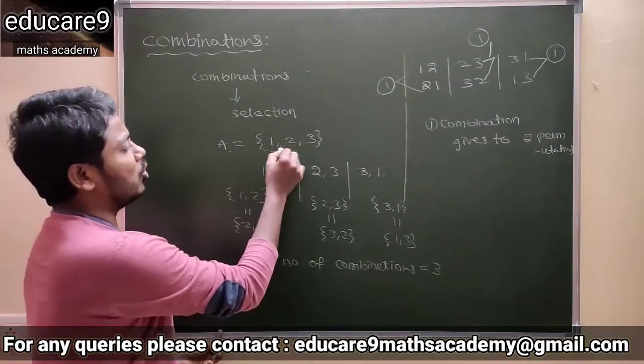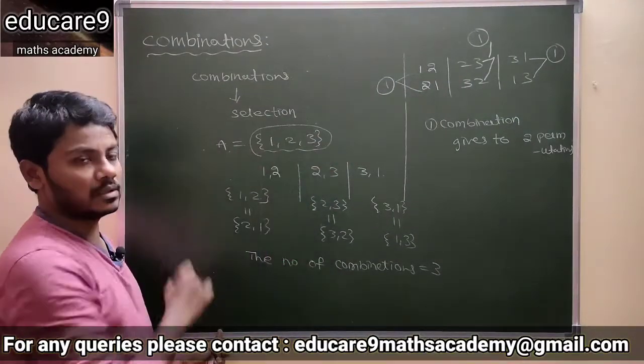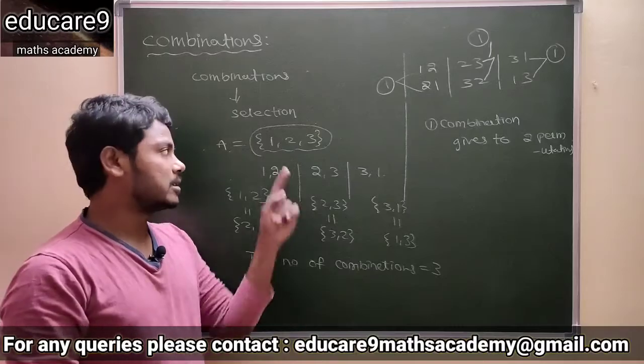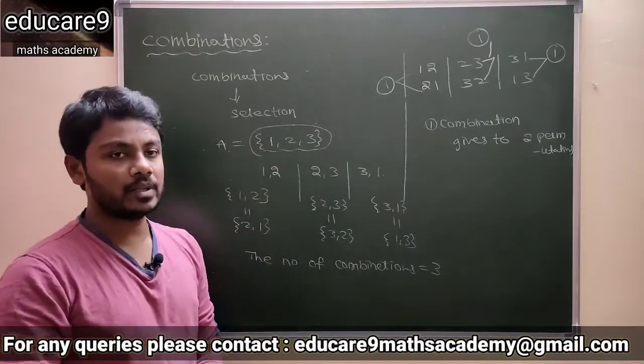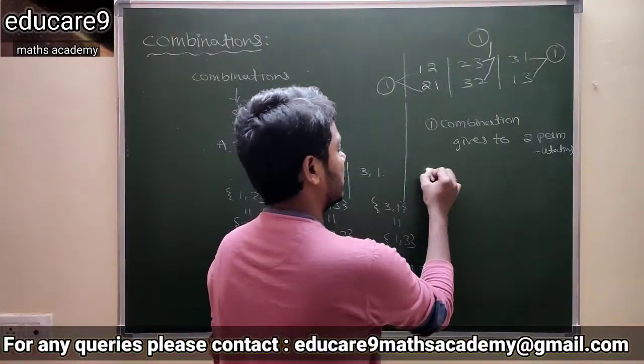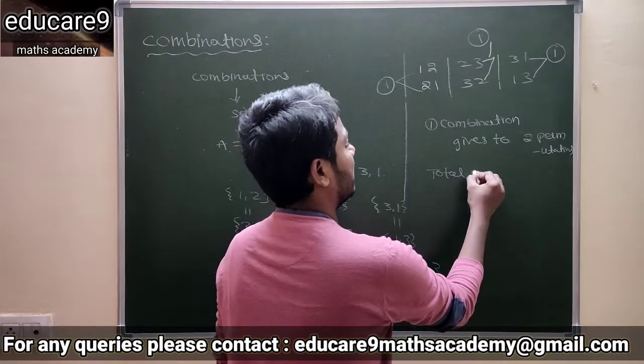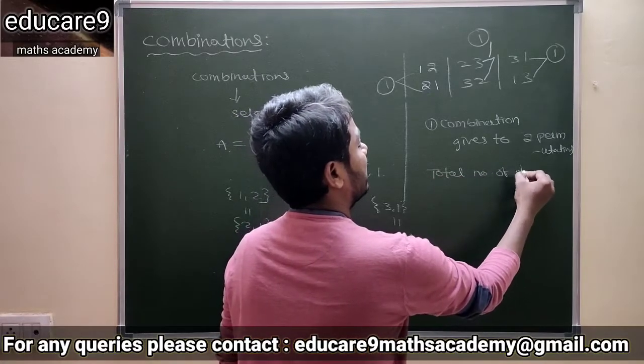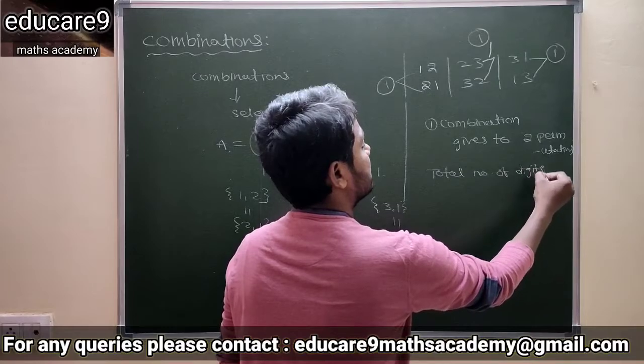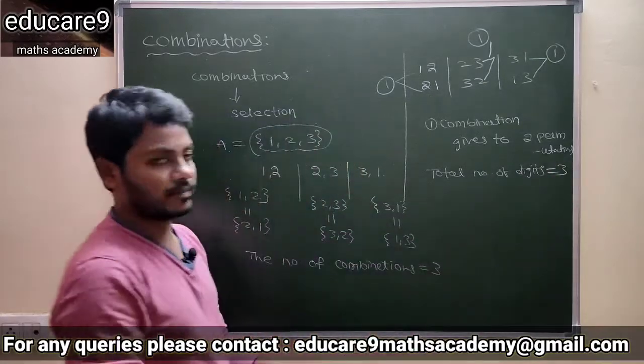Here the total number of given digits is 1, 2, 3. The total number of digits is equal to 3.